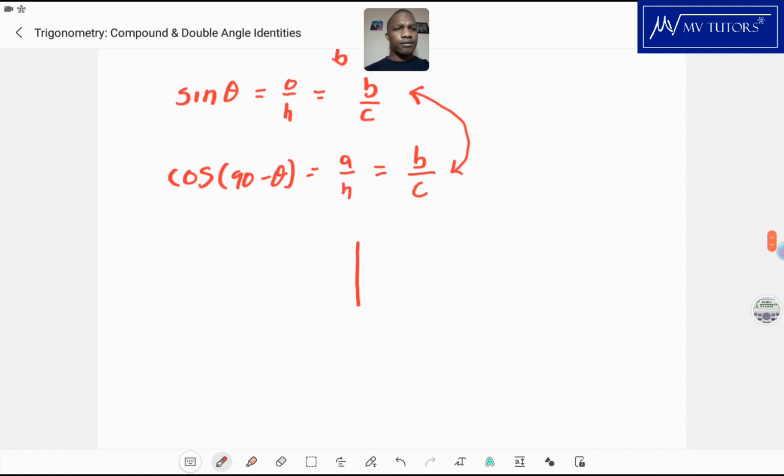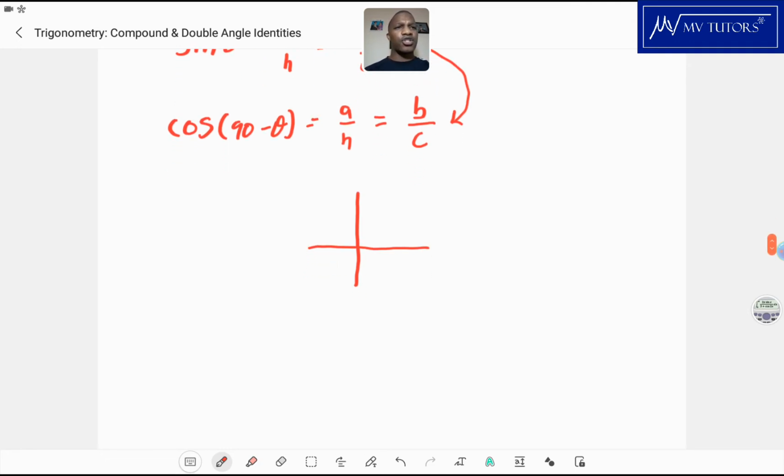So now looking at a Cartesian plane. Okay, let's look at this. Sine 90 minus theta.